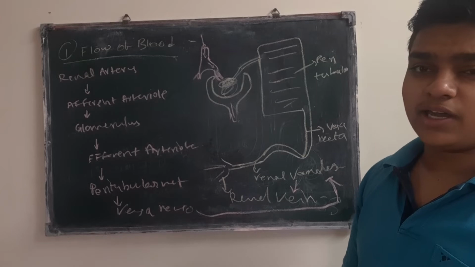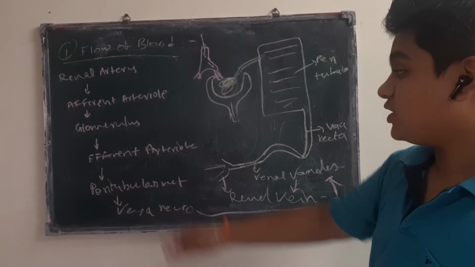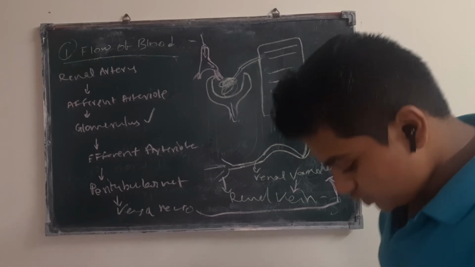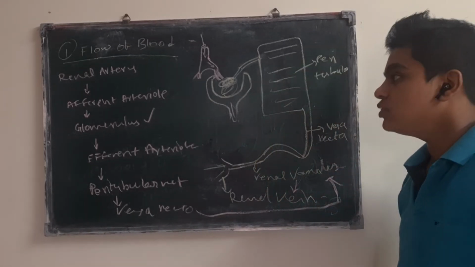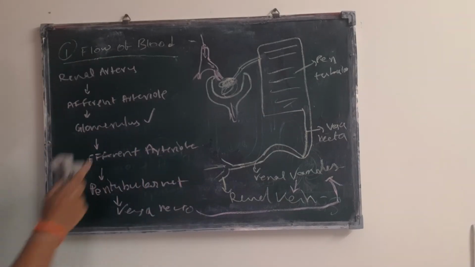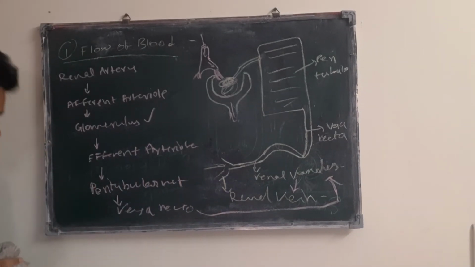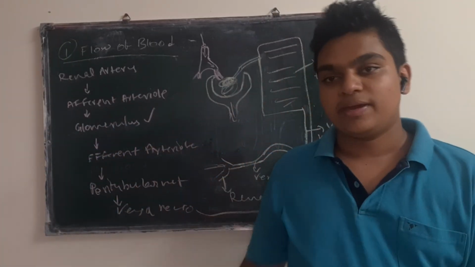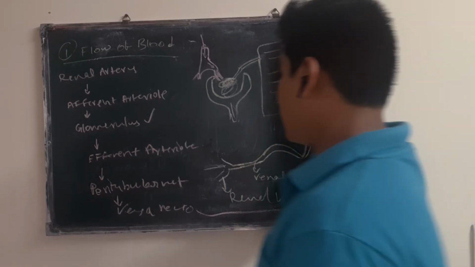Now we will be talking about the primary urine formation taking place in the glomerulus and Bowman's capsule. Okay, let us talk about it. So make a note of this. This is a very important flow of blood. Here we will be making confusion between the flow of blood and the flow of urine. So make a note.